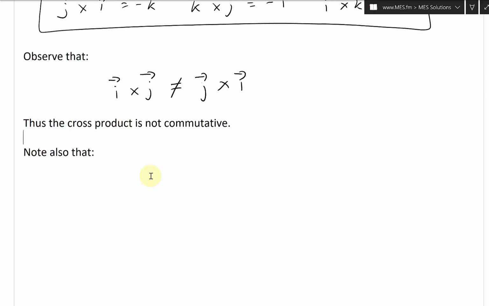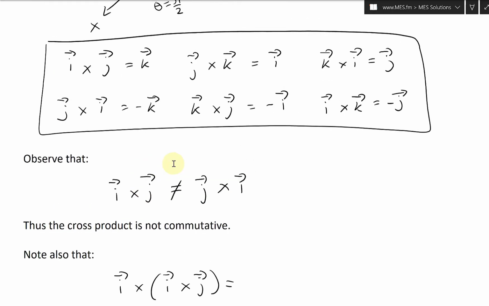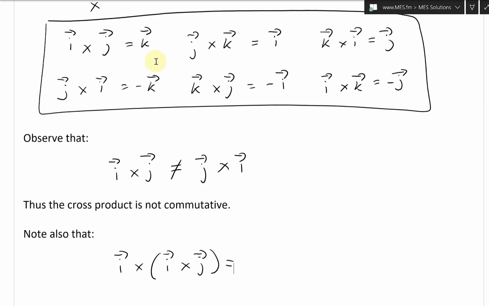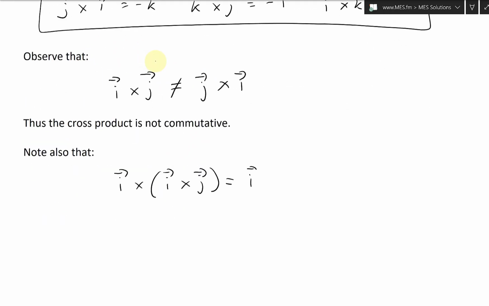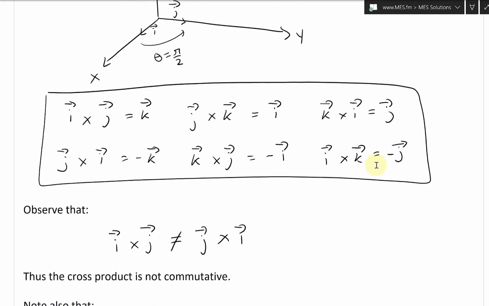And note also that if you had something like i cross, and then in brackets i cross j, this equals, all of you know the properties, i cross j is equal to k. This is the same thing as writing, using the brackets first, cross k. And then i cross k is equal to negative j.